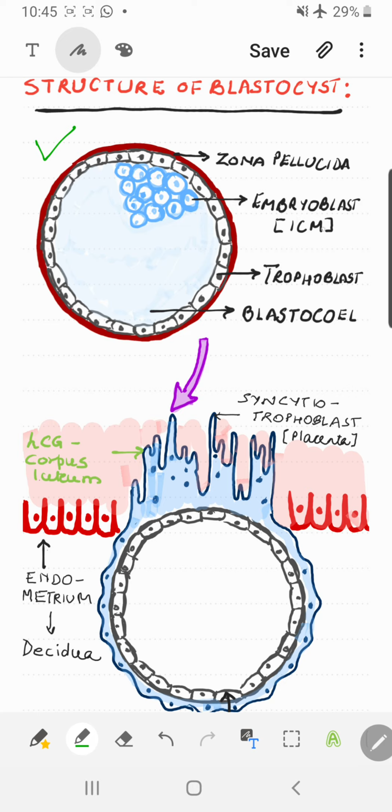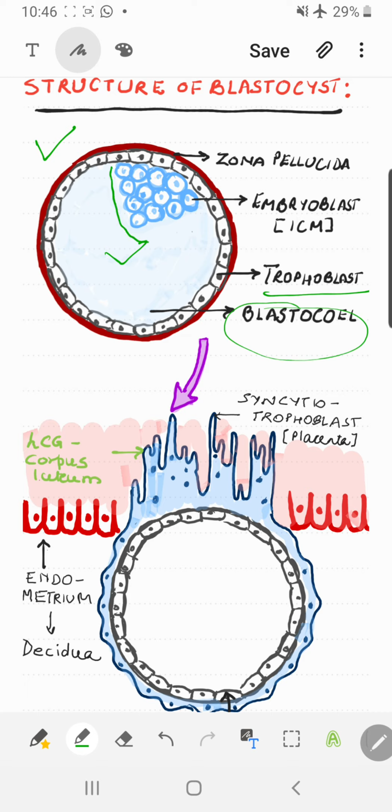You just see that the outermost layer is actually red colored, and this is expressing zona pellucida, right? And then you know already that there is the trophoblast, the inner layer of cell, single cell layer. The cavity is known as blastocoele, and the inner cell mass.